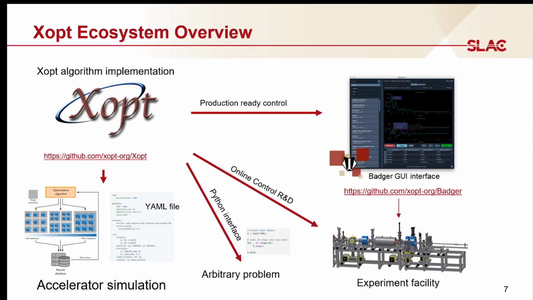Depending on the use case, Xopt can be used in a variety of ways. For example, in high performance computing clusters, you can specify Xopt runs using a basic YAML text file. For research and development, you can use Xopt via a Python interface.